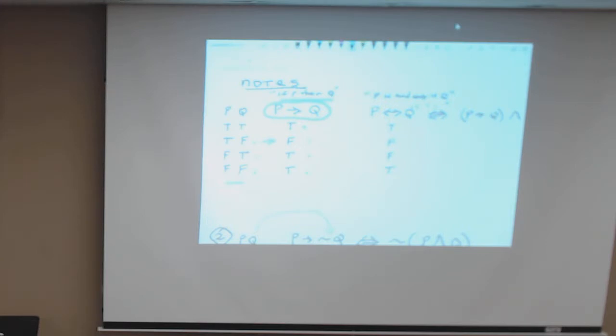Okay, so now we've got another statement here. P with an arrow in both directions Q. And here's how you read that. P, if and only if Q. So watch what I just said.